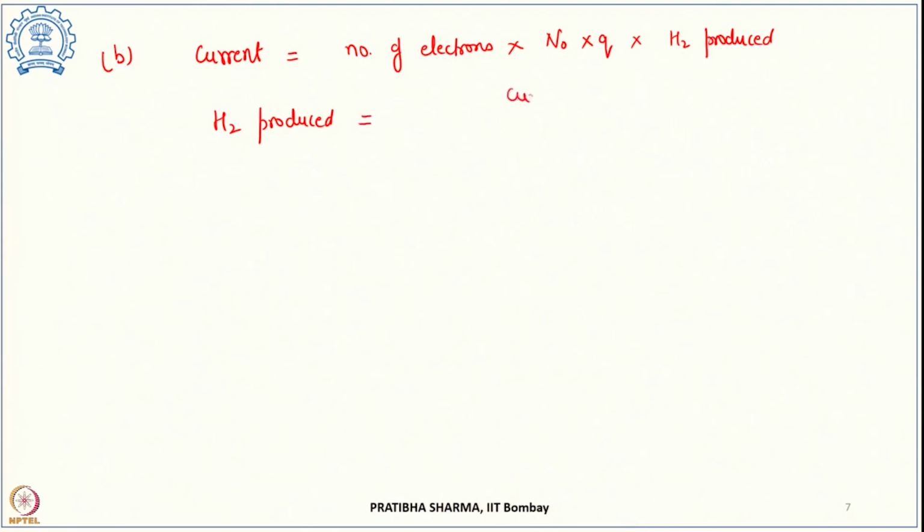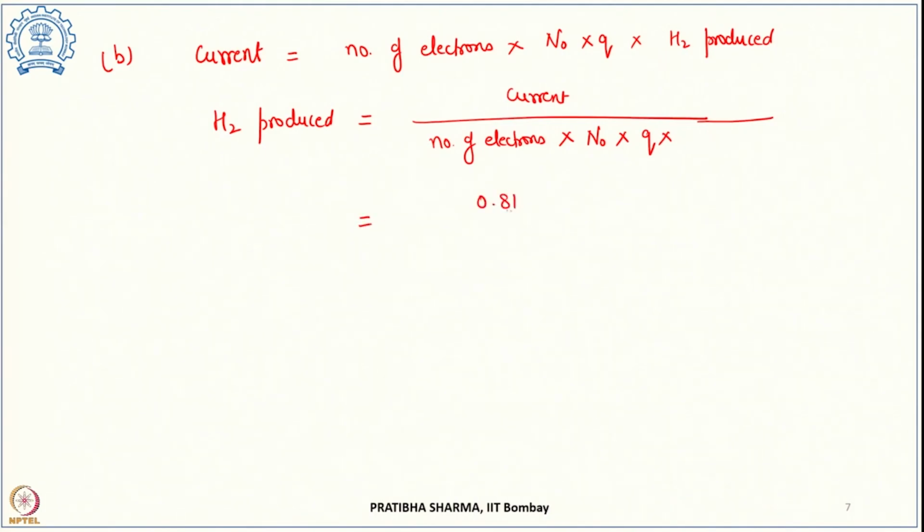It is given by this expression: current divided by the number of electrons transferred in the electrolysis process, the Avogadro's number, and the charge on an electron. That can be written as current, we know 0.81 amperes, which we found in the first part.